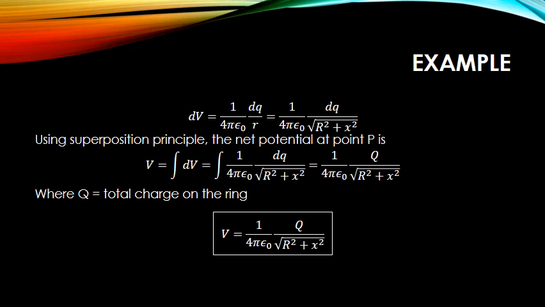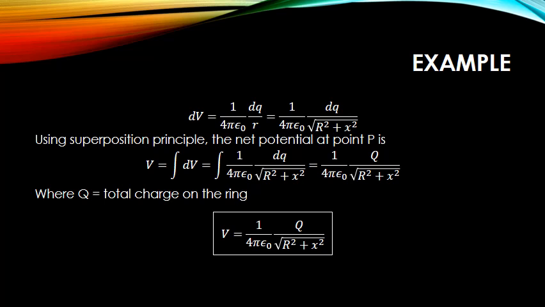Electric potential at point P due to element dq is given by dV equal to 1 by 4 pi epsilon 0 multiplied by dq by r, where for r we have written under root R square plus x square as the value. Using superposition principle, the net electric potential at point P is the integral of the elemental electrostatic potential at point P due to element dq.